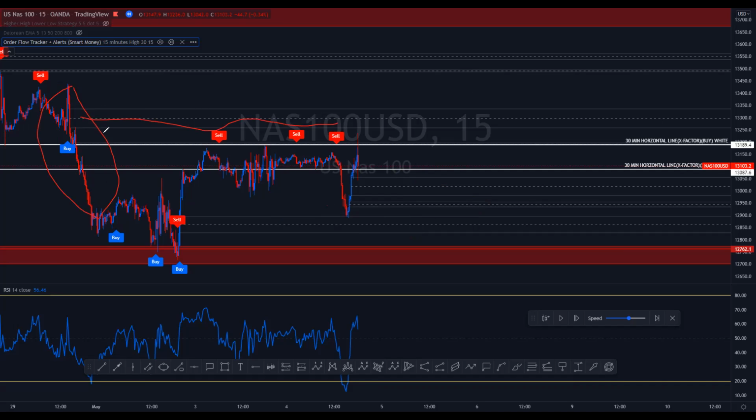Why is that? Because for one, there were a lot of buy orders that didn't get filled. So there was a buy order here that still ended up being a sell order. Even though the institutions made a lot of money on this sell, they also lost a lot of money off of these buy orders that didn't get filled. So what do they have to do?